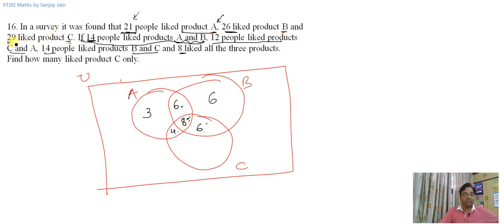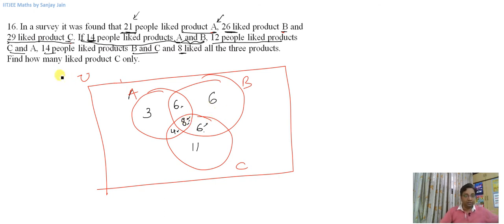And 29 people like product C. Out of that, 6 plus 4 is 10, plus 8 is 18 written already, so 11 will come here. Now this has become 29. So all of the data I have taken care of.